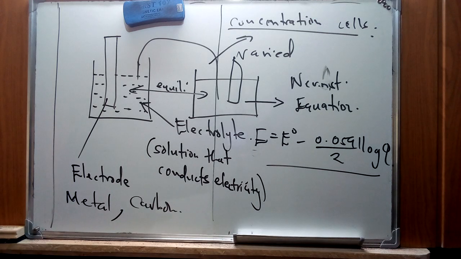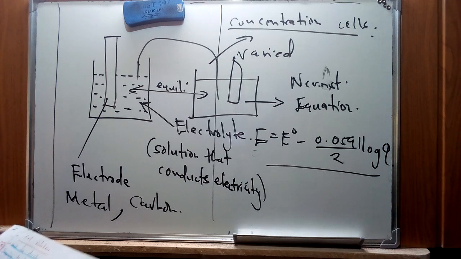So in a sense, I hope that we have gotten the concept of cell notation using the illustration that we have given for the zinc sulfate solution and the copper sulfate solution.